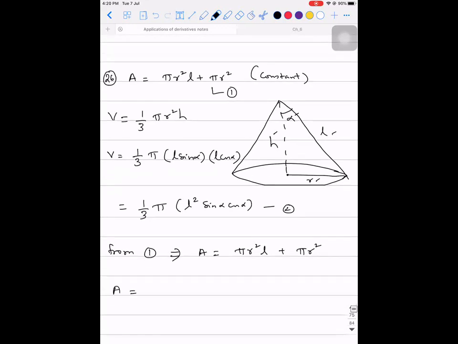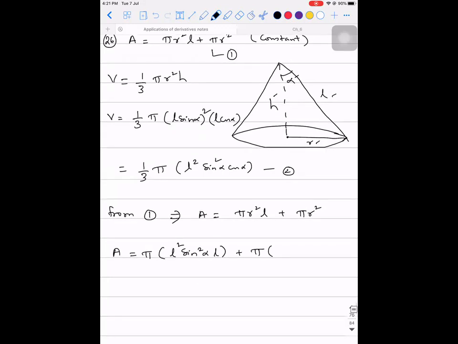So A, can I write it as pi into, in the place of R again, L sin alpha. So L square sin square alpha. So pi into L square sin square alpha into L plus pi r square, that is L square sin square alpha.